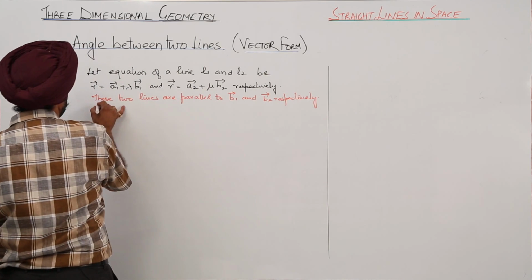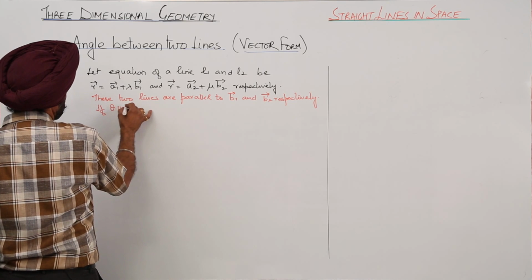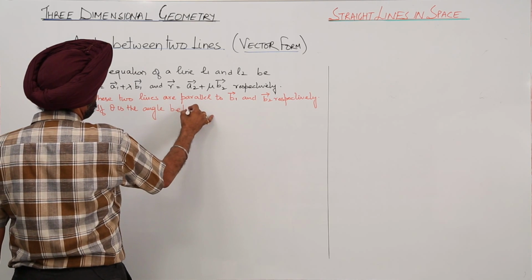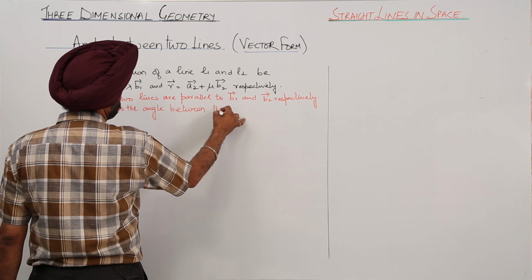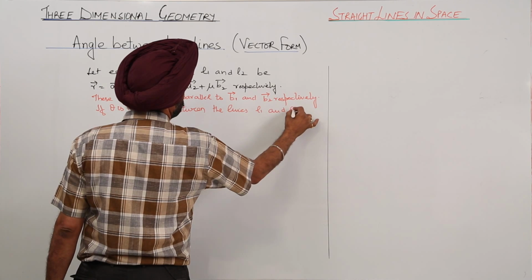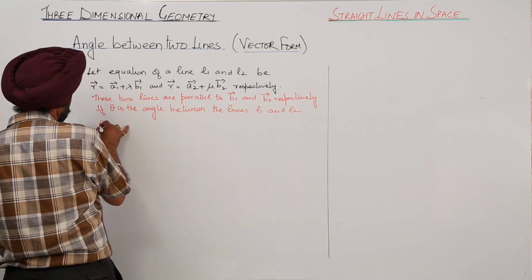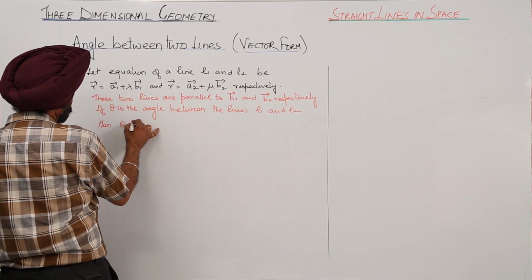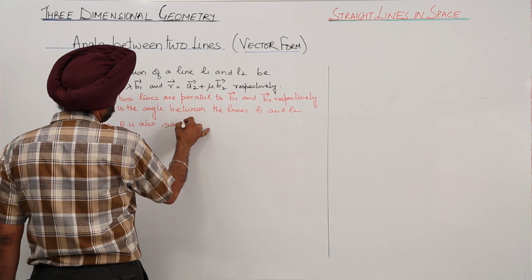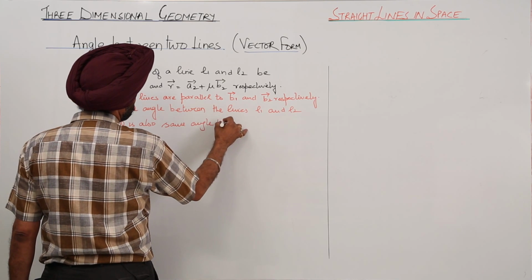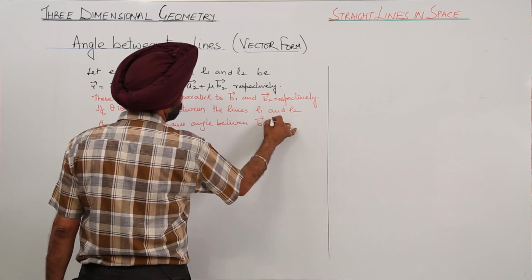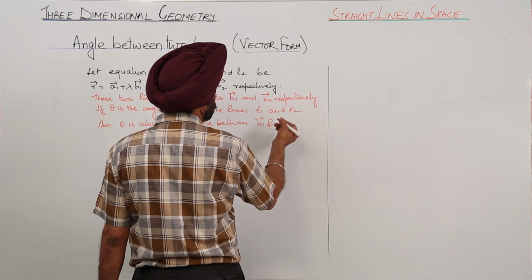Now if theta is the angle between the lines L1 and L2, then theta is also the same angle between vector b1 and b2.